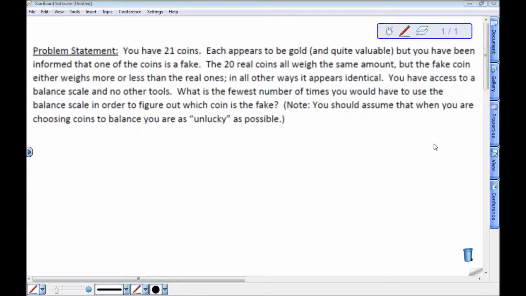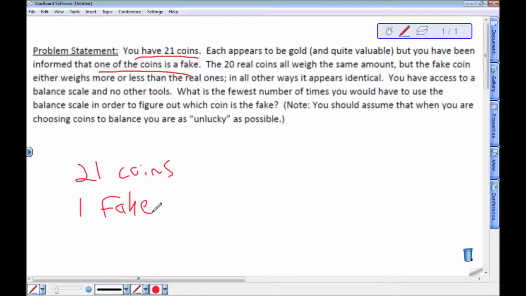Okay, so let's see if we can get the key information out of this. So we've got 21 coins. Each appears to be gold and valuable. One of these coins is fake, so one fake.